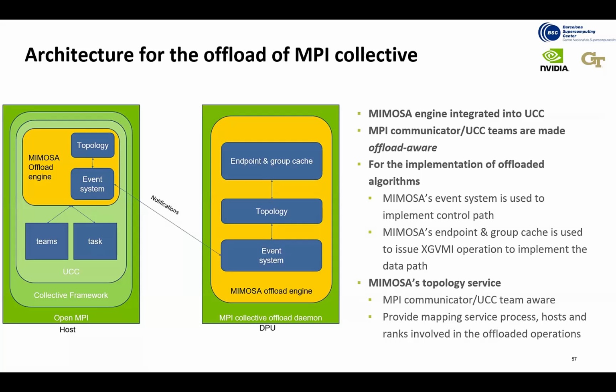So if you look at this, again it's just a summary, not necessarily much more information here, except that I introduced a few terms specific to UCC that map directly into MPI, but that are important when you look at the details. So on the host, you have OpenMPI, you have the collective framework within OpenMPI, and you have UCC.